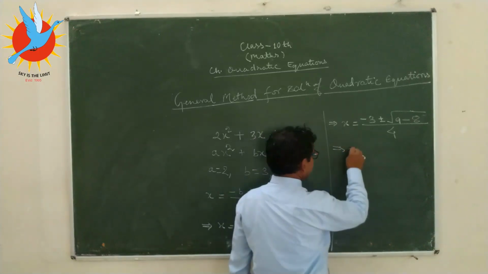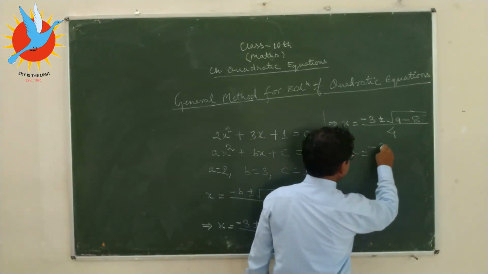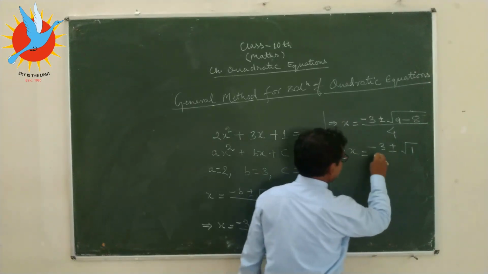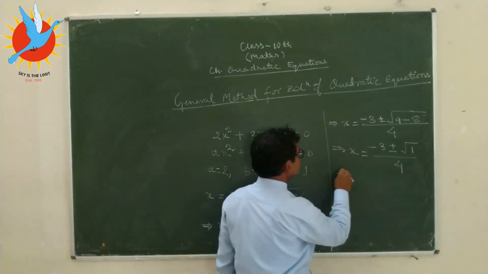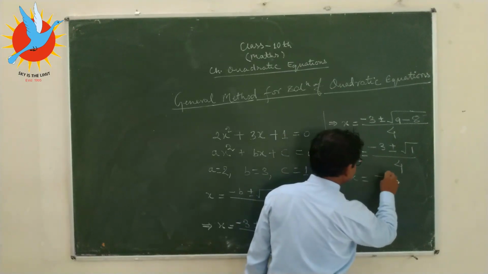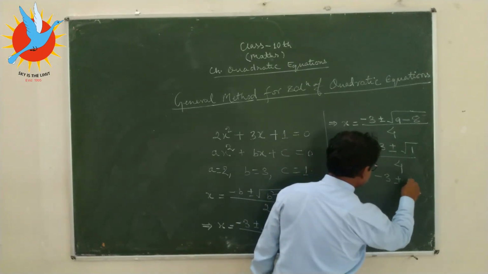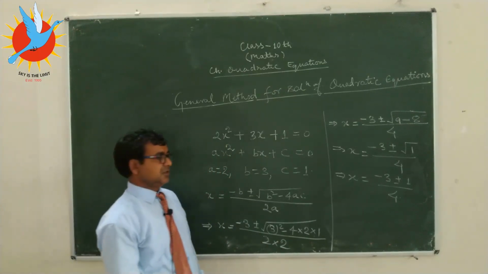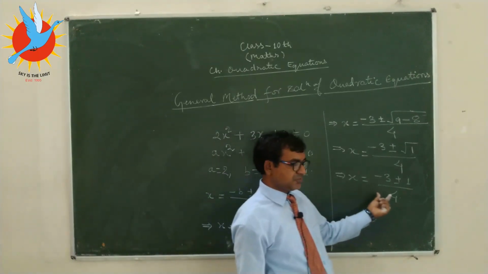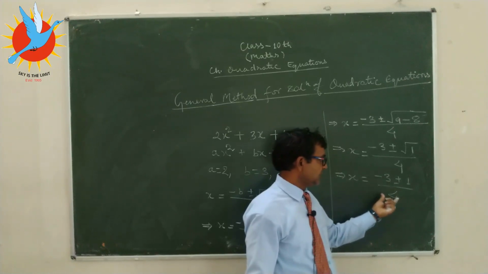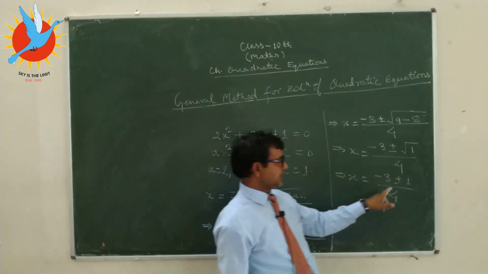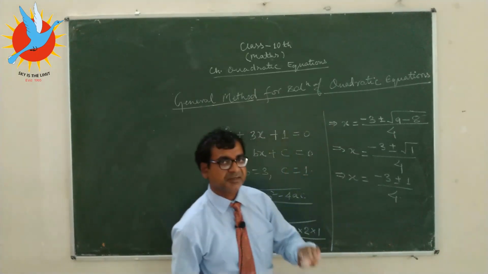Solve this further. We have x equal to minus 3 plus minus root 1 upon 4, and this can be written as x equal to minus 3 plus minus 1 over 4. Now take the positive sign. We have one value of x, and again if we take the minus sign only, we get the other value of x.